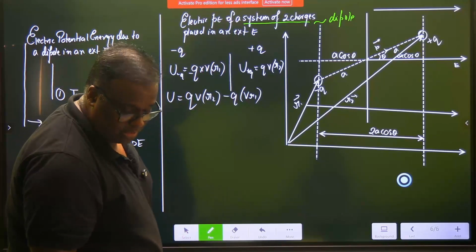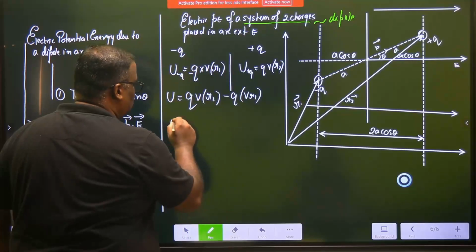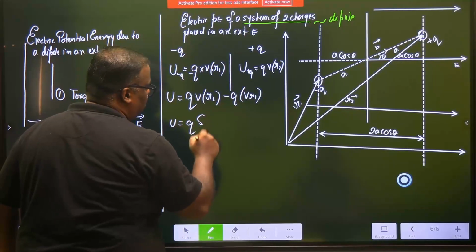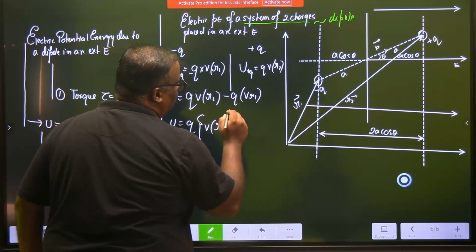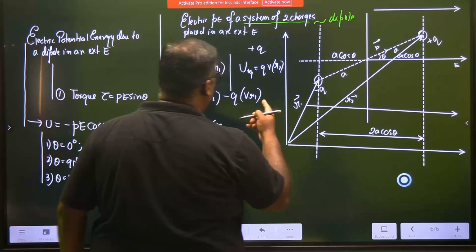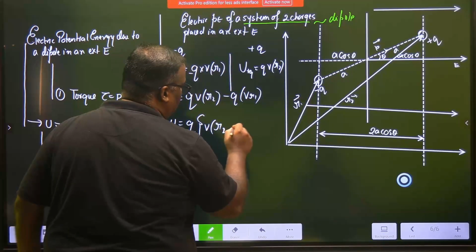This can now be written as U equal to Q times V at R2 minus V at R1, since the charge at R1 is negative.